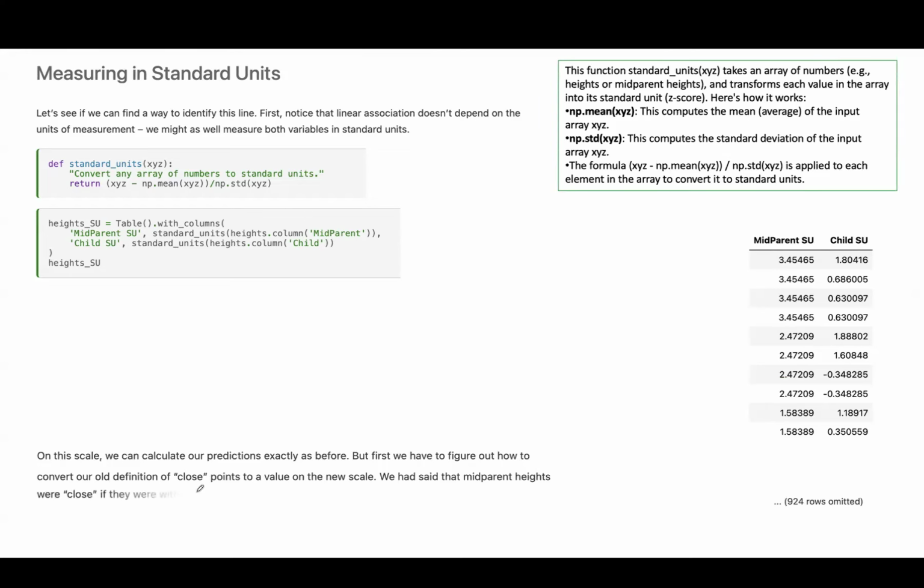We had said that mid-parent heights were close if they were within 0.5 inches of each other. Since standard units measure distances in units of standard deviations, remember we talked about this before, we have to figure out how many standard deviations of mid-parent heights correspond to 0.5 inches.